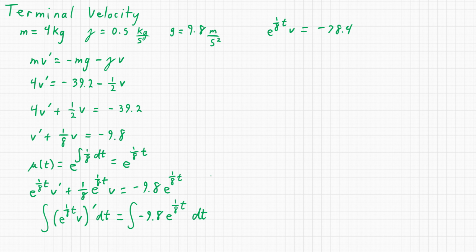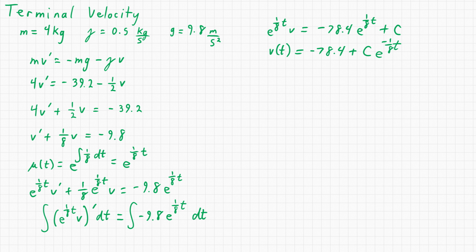And then our e to the 1/8 t sticks around, plus our constant. Now if we actually solve for v of t, we'll multiply everything by e to the negative 1/8 t. We'll end up with negative 78.4 plus c times e to the negative 1/8 t.